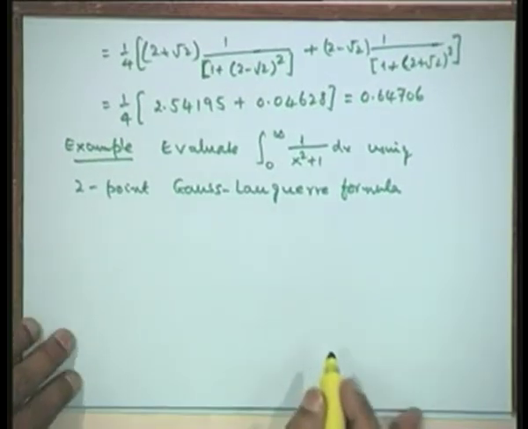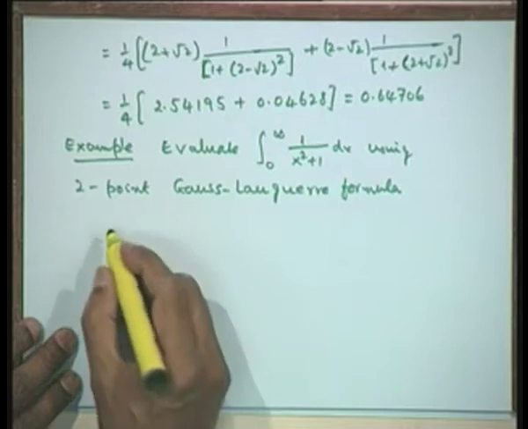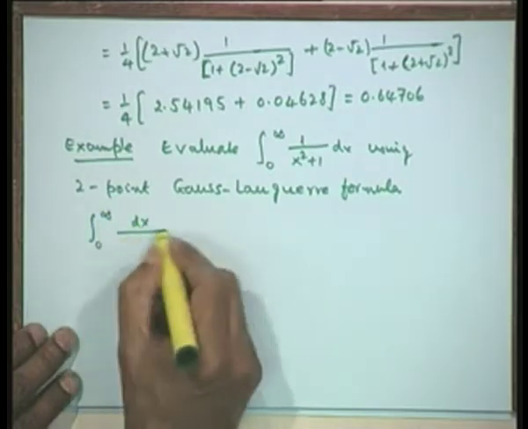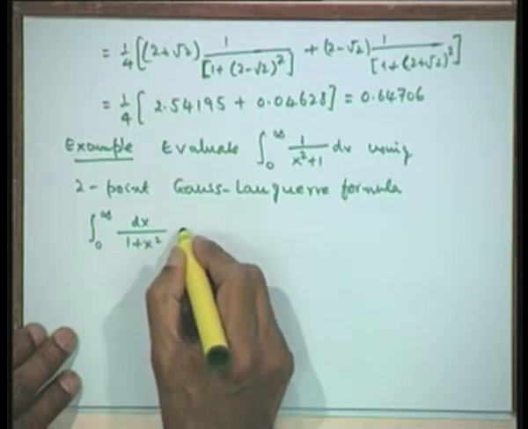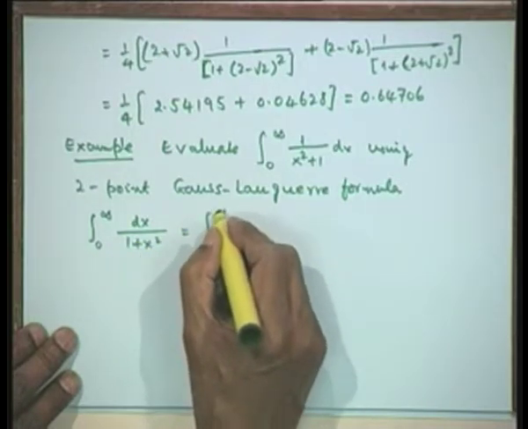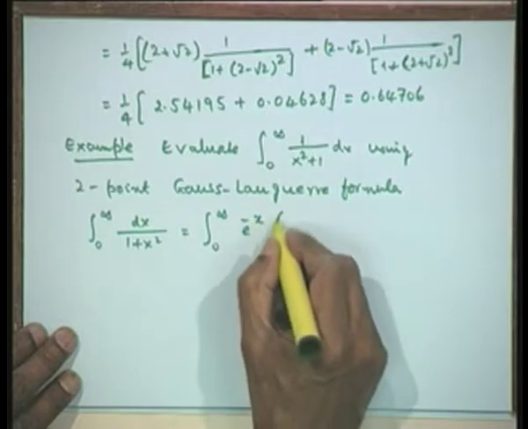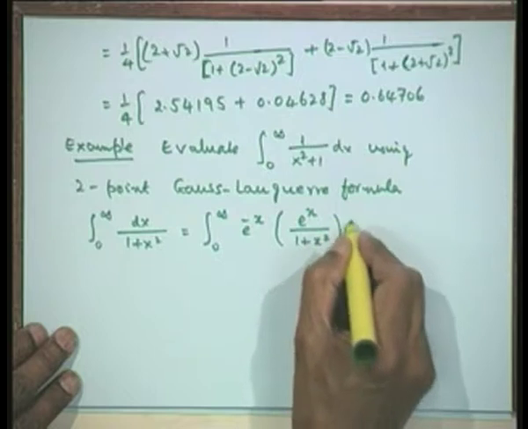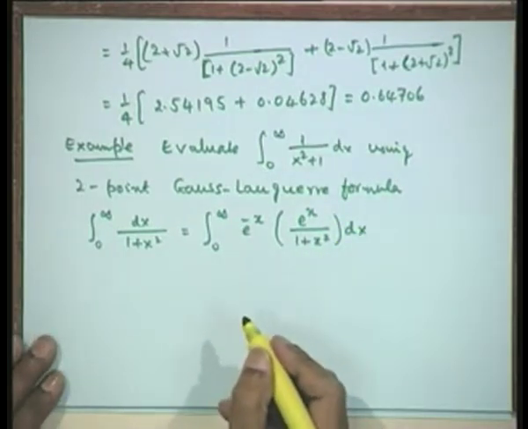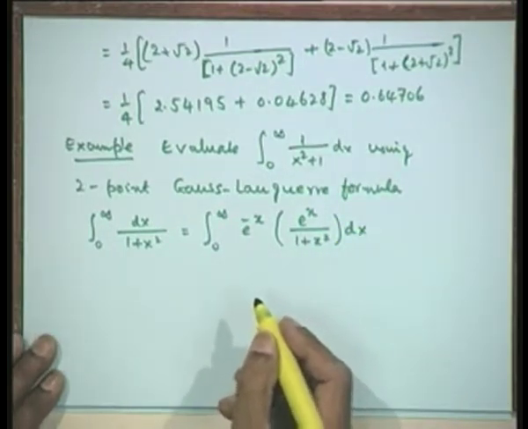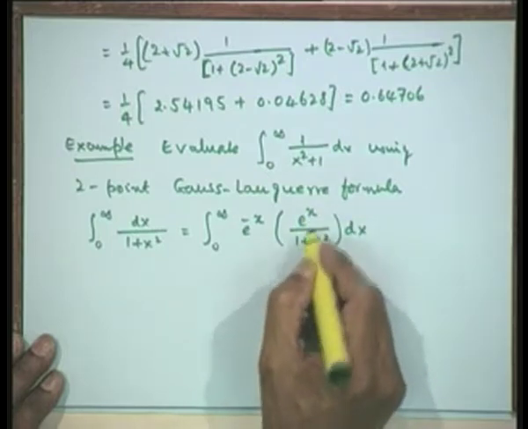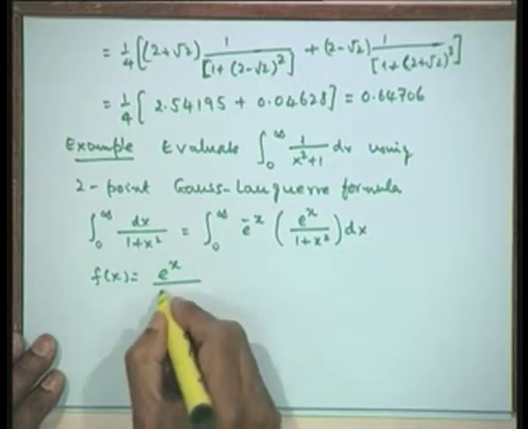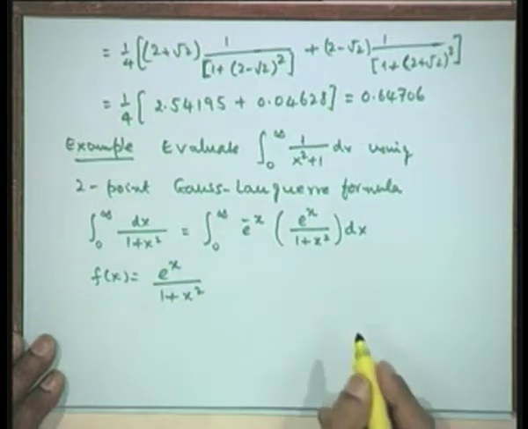Now, here I have not been provided the weight function. So, therefore, we would write this given integral dx upon 1 plus x squared as the integral from 0 to infinity of exponential of minus x into exponential of x upon 1 plus x squared dx. Now we choose this as our function f(x). Therefore, f(x) is e to the power of x upon 1 plus x squared.